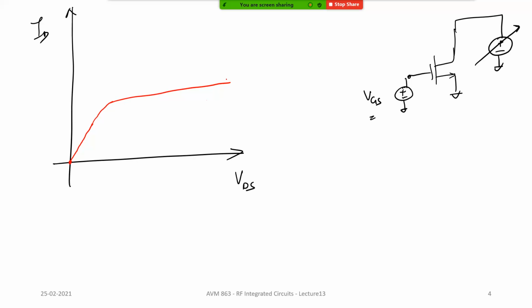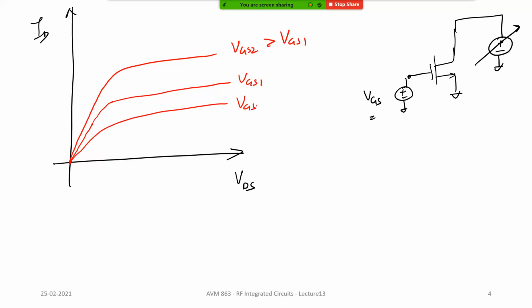Ideally it is supposed to saturate. Now for different values of VGS, let's say this is VGS1, this is VGS2, which is greater than VGS1. Let's say this is VGS3, which is less than VGS1. You will get curves like this. This is what is typically called the output characteristics curve. All of you would have studied this in your analog electronics or your device course, right?